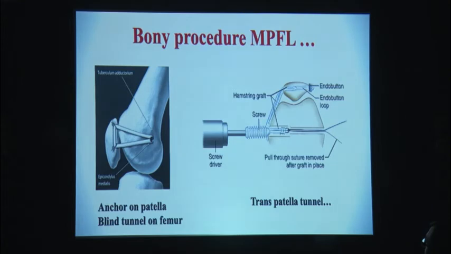And then you can have the bony procedures with some anchors on the patella side, with the tunnel on the femoral side, and some techniques describe a drill tunnel on the patella side.